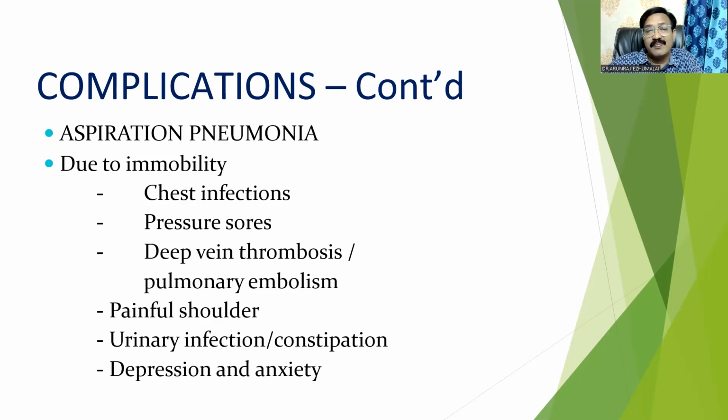So the complications are aspiration pneumonia, chest infections, bed sores in chronic hemiplegia, DVT in the acute stage where the power is 0/5, painful shoulder, arthritis, shoulder dislocation, urinary infections, depression and anxiety. When these complications are present, mention them in the diagnosis. When there is no complication, say 'without any complications' and then finish the diagnosis.